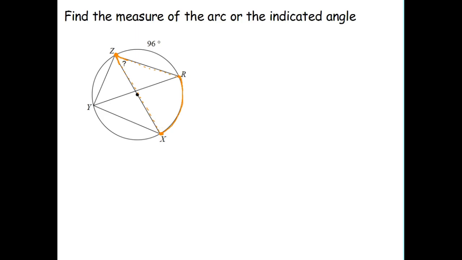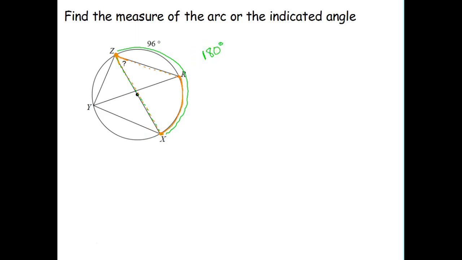Again, we don't know what the intercepted arc is, but we do have enough information to find out what that intercepted arc is equal to. Because if you look, we can see that this right here, this side of the angle, is a diameter, which makes this half over here a semicircle. So the whole thing from Z to X is 180 degrees.